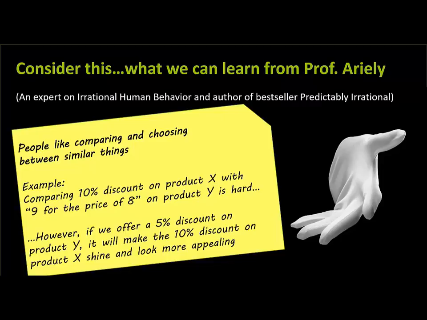However, if at the same time as the 10% discount on product X you offer a promotion of 5% discount on product Y, it will make the 10% discount on product X look really, really good. This discount is going to be more appealing than if it was standing by itself, and more people are going to choose this specific discount just because you've offered 5% discount on product Y. It seems irrational, but this is how people's minds work, and we can use it to our advantage.